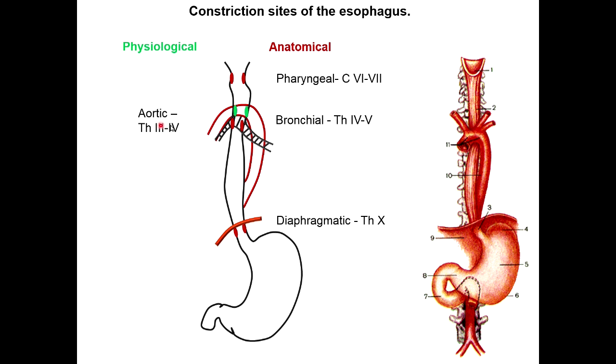First of all, aortic. It is located at the third and fourth thoracic vertebra. So one vertebra cranially, according to bronchial anatomical constriction site, and is in those places where arcus of aorta crosses the esophagus.